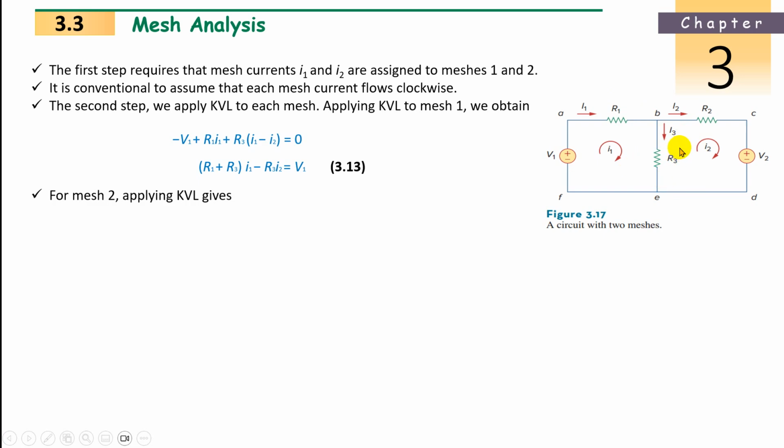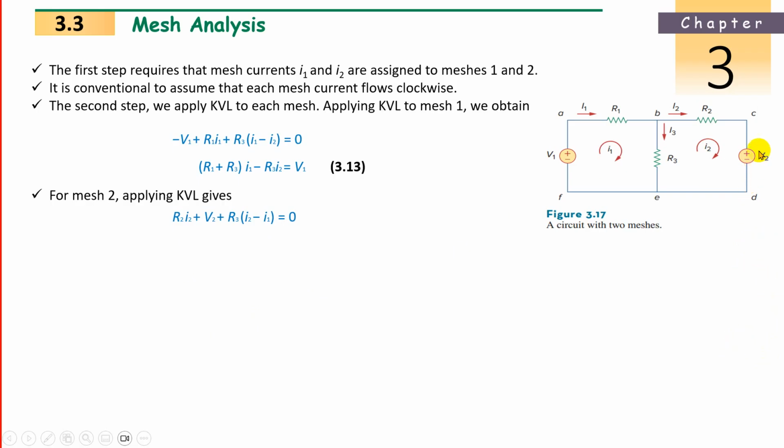I2 minus I1. Why? See, what is the reference? The direction of the current. I2 is assumed in which direction? So this is how we decide entering or leaving.